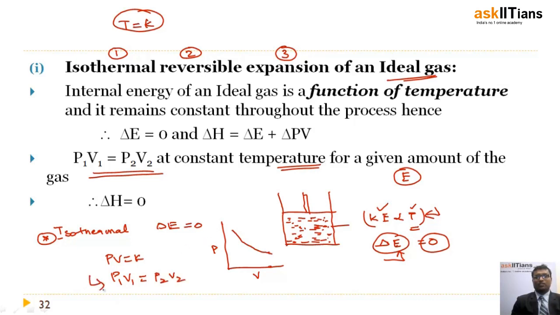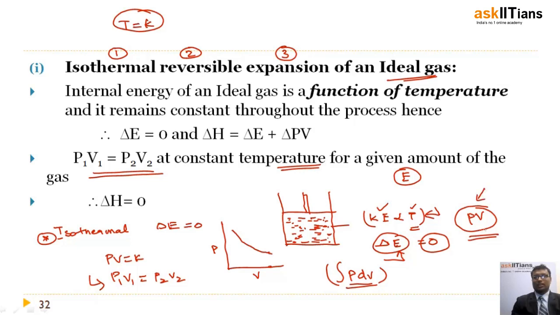So if that happens, friends, what is work done? I told you, work done is the integral of P dV. So what does that mean? It means that there is no change in the product of pressure and volume, right friends?